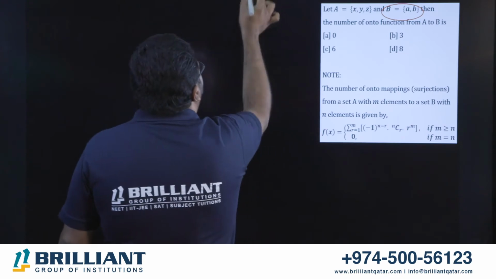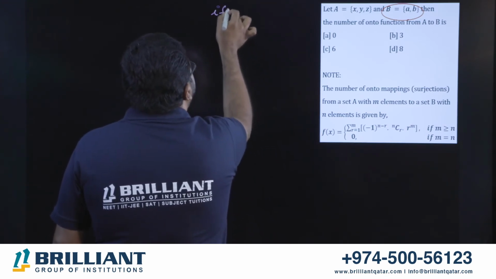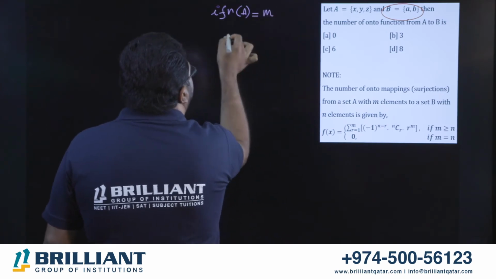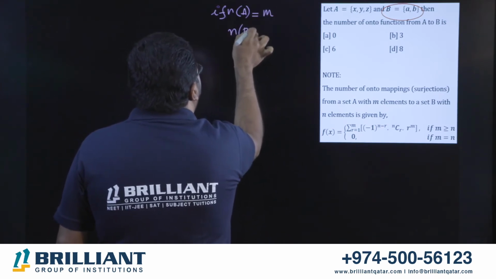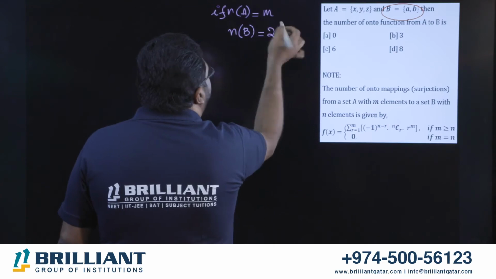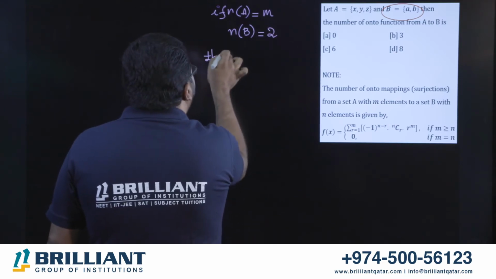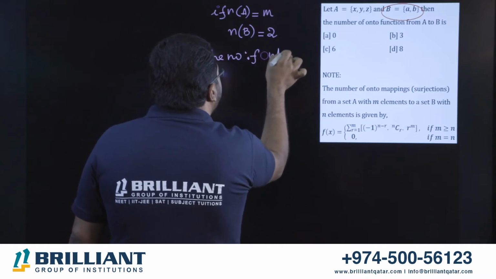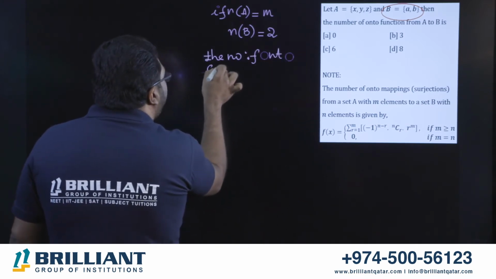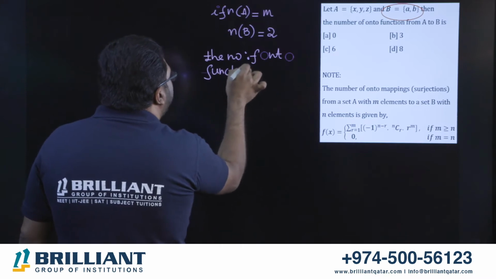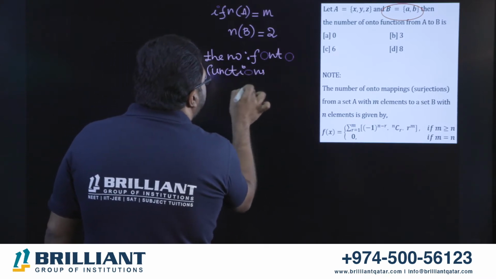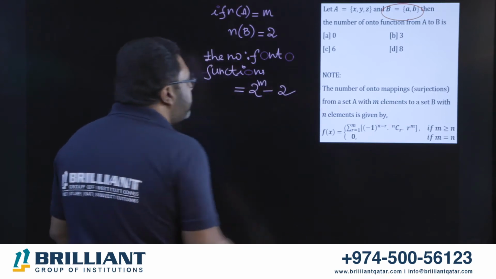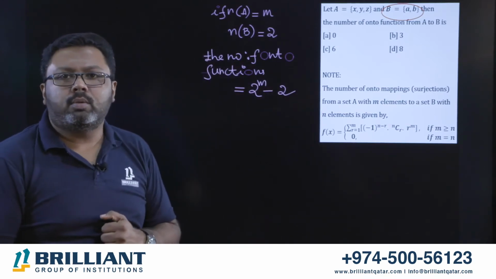If the first set has m elements and the second set has 2 elements, then the number of onto functions or surjective functions is equal to 2 raised to m minus 2.